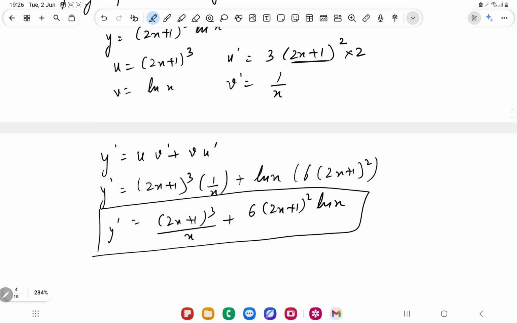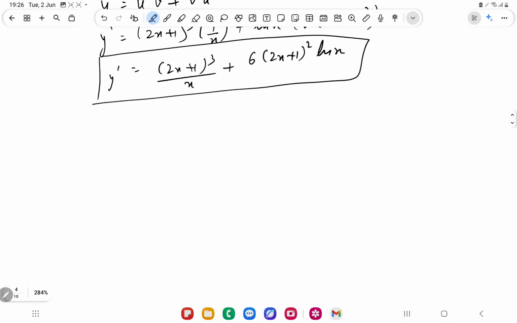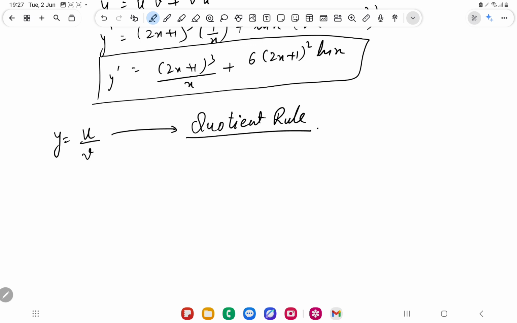Now these above examples are for multiplication of any two functions. What if I say my y is, let's say, u upon v? Functions can be in division also. So for this I will be using the quotient rule.